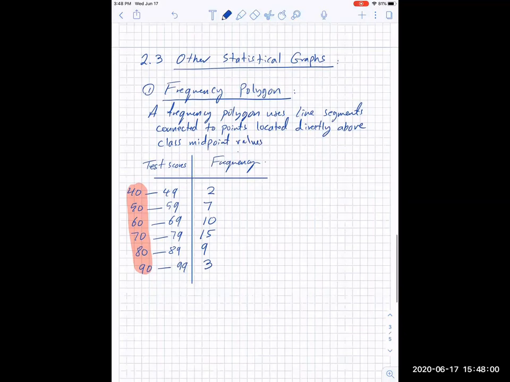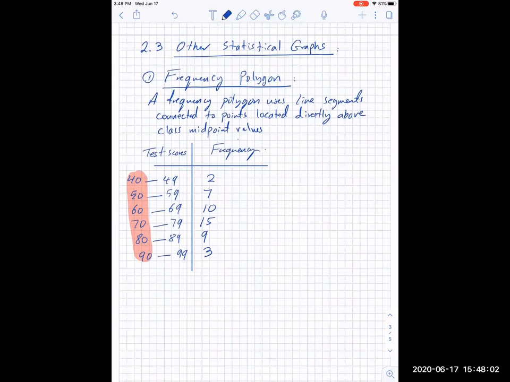All right, so here's our frequency table. I'm gonna add another column, and I'm gonna calculate my class midpoints.